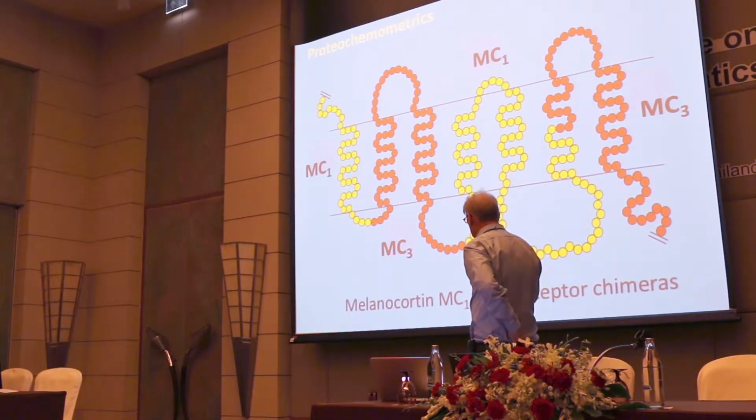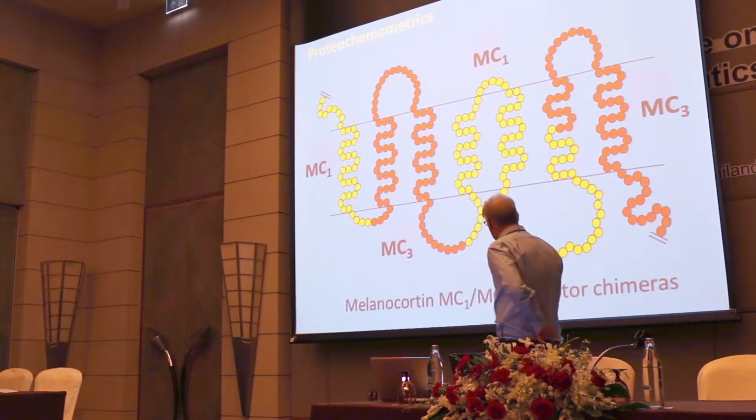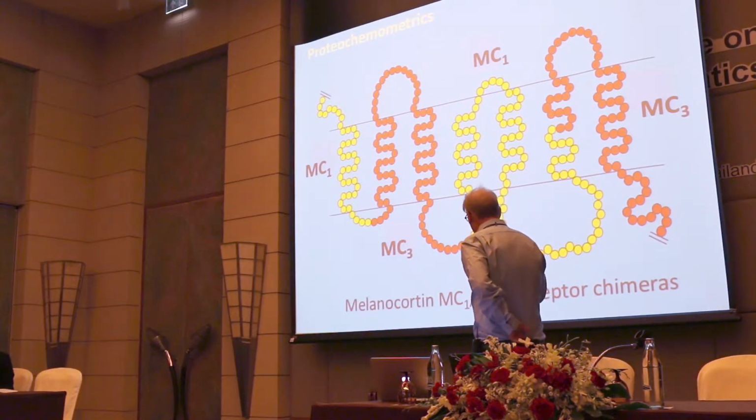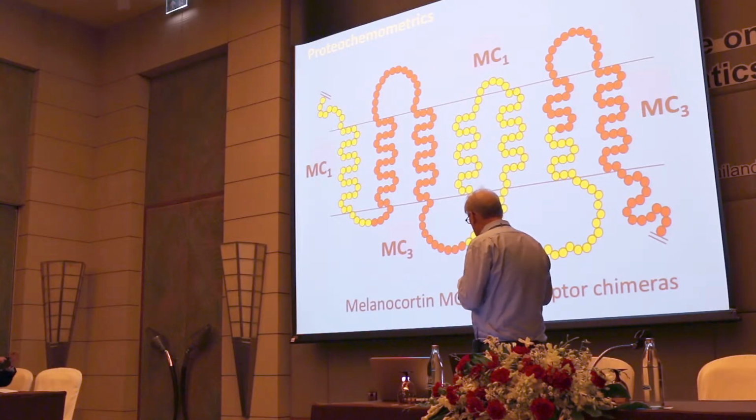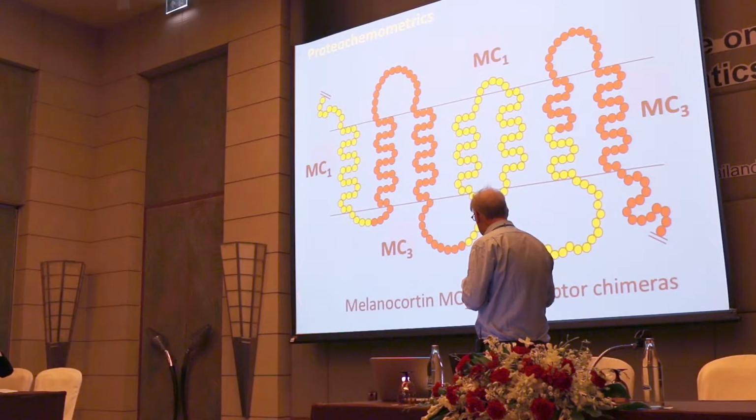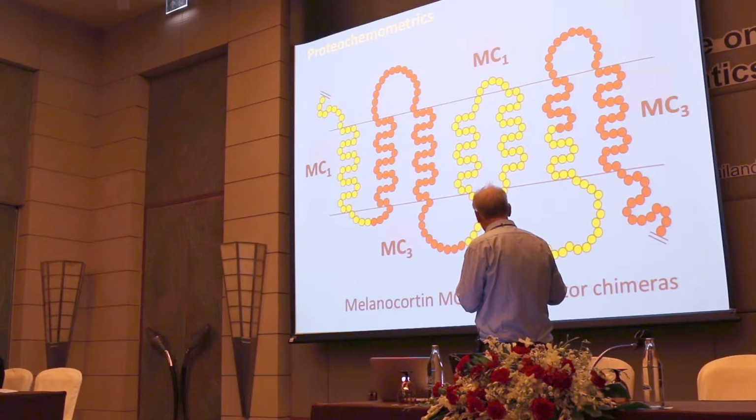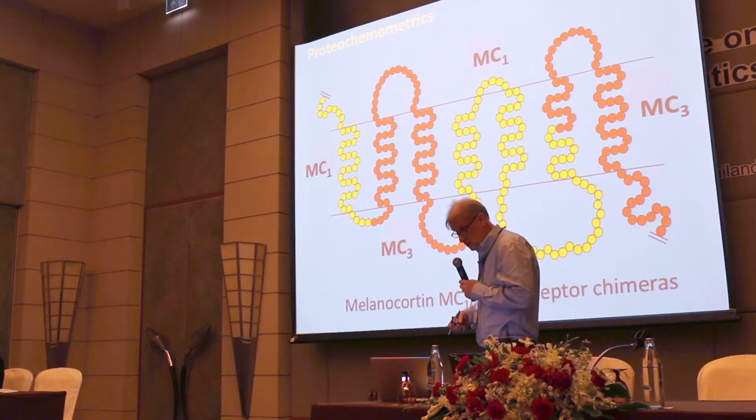We had cloned these melanocortin receptors, and to gain insight into the binding modes of how peptides bound to these receptors, we had created chimeras of them. So they are constructed from, in this case, two different types of receptors, the melanocortin 1 receptor stretches and the melanocortin 3 receptor stretches. So they are artificial proteins.